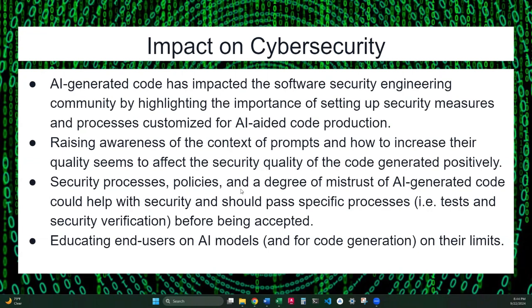Security processes, policies, and a degree of mistrust of AI-generated code can help with security, and it should pass specific processes such as tests and security verification before being accepted. And educating end users on AI models for code generation and their limits.